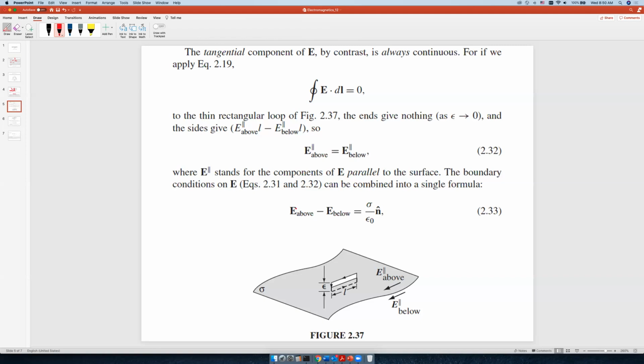Then the difference between the electric field above a surface and below a surface equals 1 over epsilon times sigma, in the normal direction, which is perpendicular to the surface. So that's the boundary condition for the electric field at any boundary or any surface.